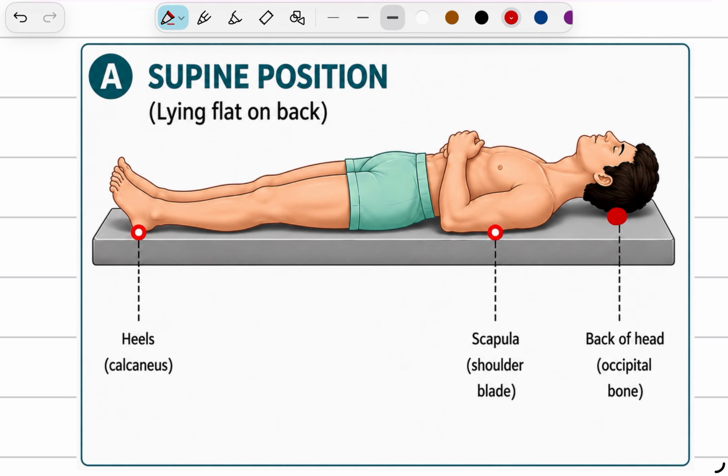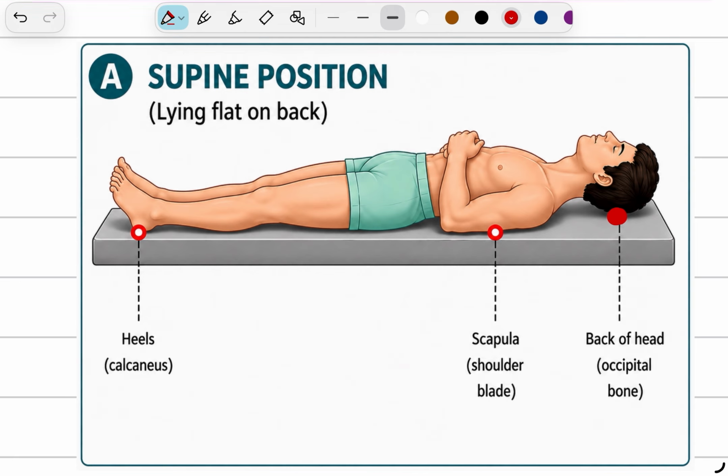Coming to the prone position. In the prone position, the shoulder, ear and cheeks are affected, because they turn their head to the side but are lying on their abdomen.